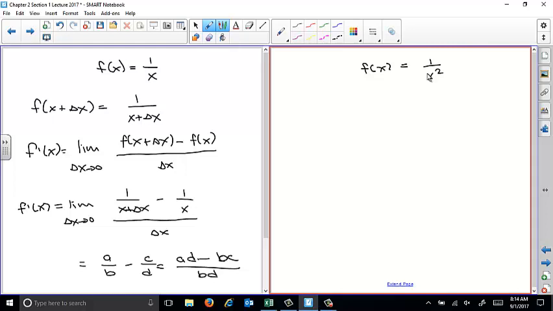Okay, here's yours. So this is f of x plus delta x. Make sure you put the delta x there, and then you'll plug it in to the function. So instead of having 1 over x plus delta x, like there, you'll have 1 over x plus delta x quantity squared, and then you'll subtract 1 over x squared.